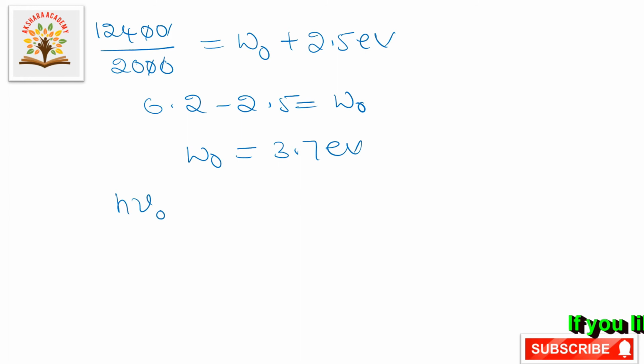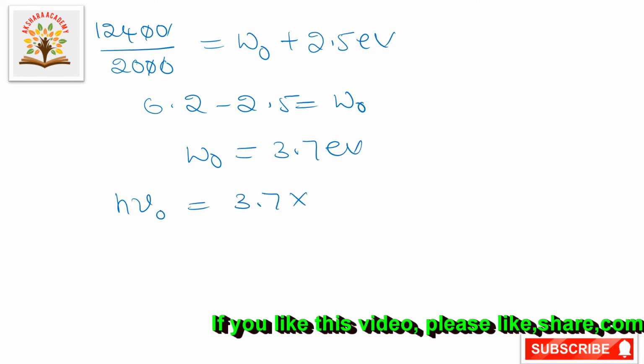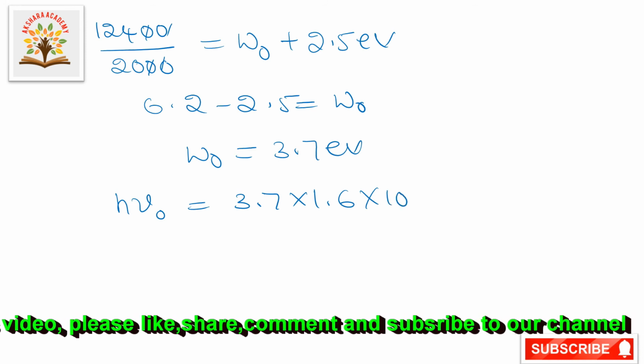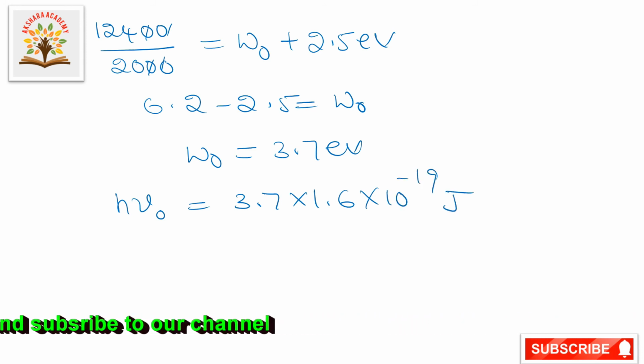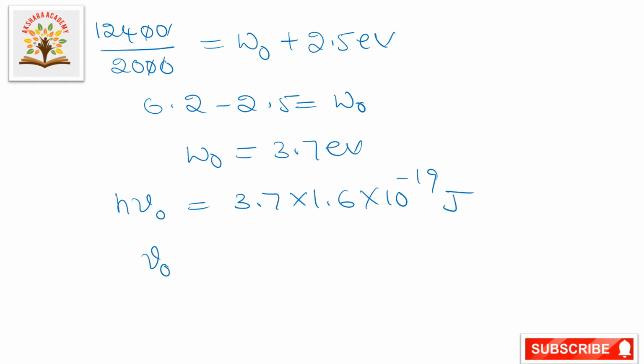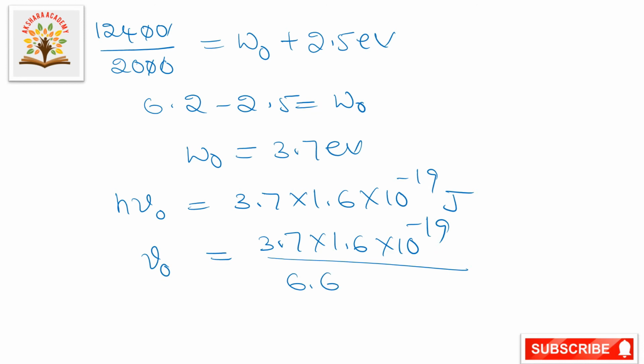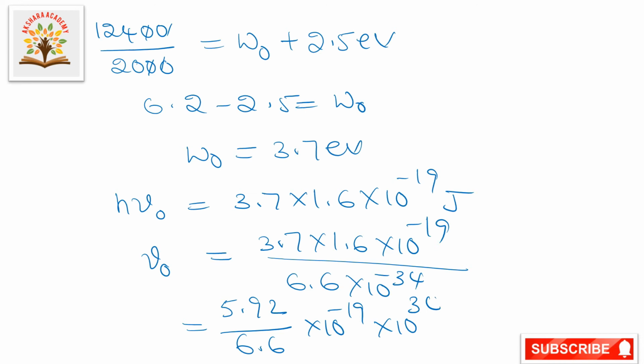Now h nu naught is equal to 3.7 into 1.6 into 10 to the power of minus 19 joules. Now the threshold frequency nu naught is equal to 3.7 into 1.6 into 10 to the power of minus 19 by 6.6 into 10 to the power of minus 34. That is equal to 5.92 by 6.6 into 10 to the power of minus 19 into 10 to the power of 34.